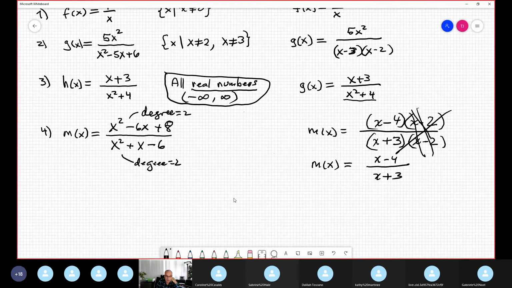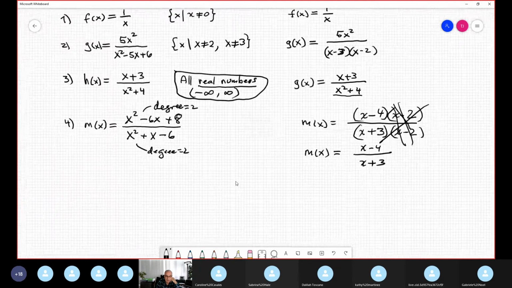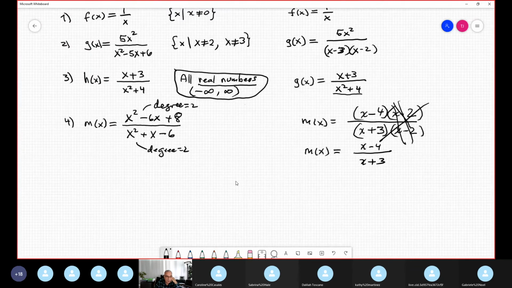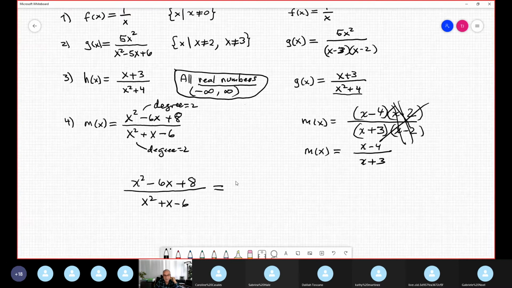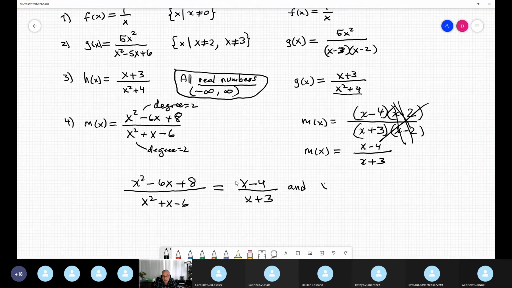And now the interpretation. Pay attention because this is a little bit complicated. So our original rational function is equivalent to this, except at x equals 2, which is the factor that is gone.